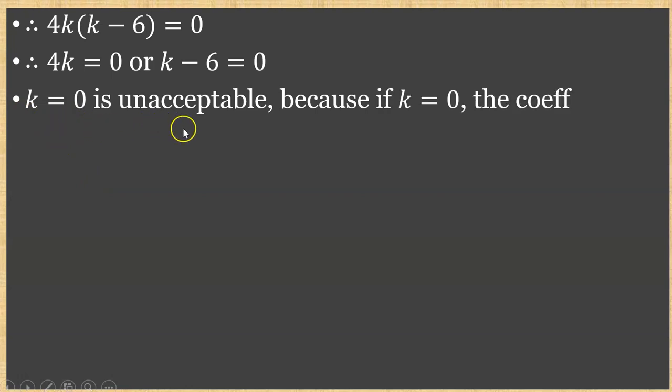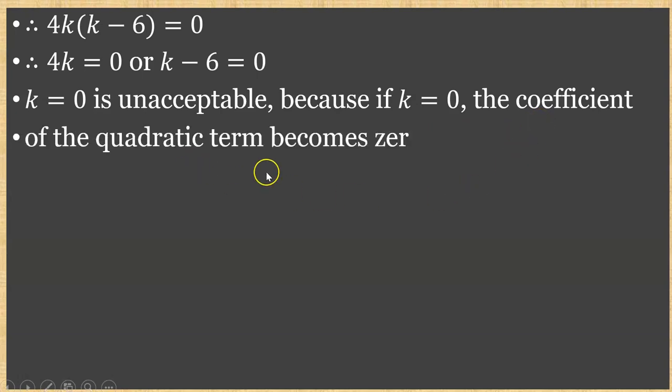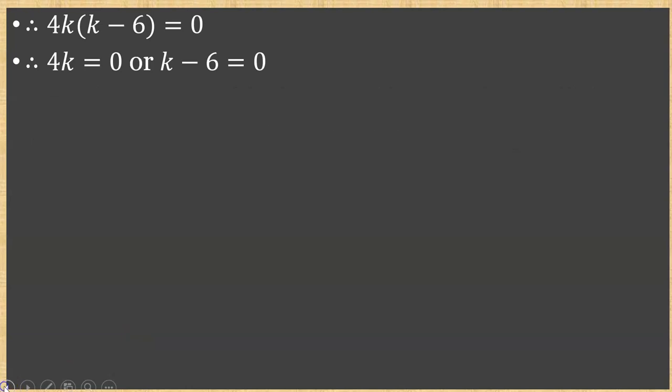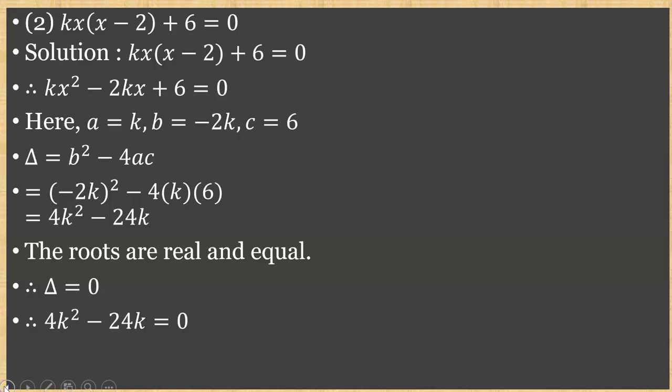We cannot accept it because if k is equal to 0, the coefficient of the quadratic term becomes 0. आपलं इक्वेशन कसं आहे तर kx square आहे ते इक्वेशन. ओके, kx square जर आपण k ची व्हॅल्यू इथे 0 घेतली तर हे क्वाड्रॅटिक इक्वेशन तयार होऊ शकत नाही.